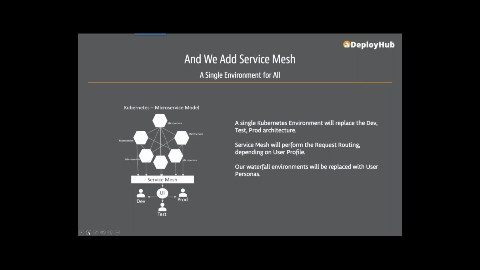It also will replace this concept of environments, because what it has the potential to do is be a request router as well. And that can be done depending on a user profile. So when a user logs onto the UI, based on their user profile, the service mesh can route them to a particular version of your application that is made up of particular versions of microservices.